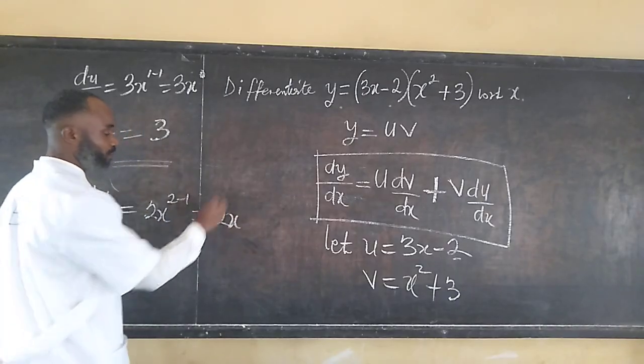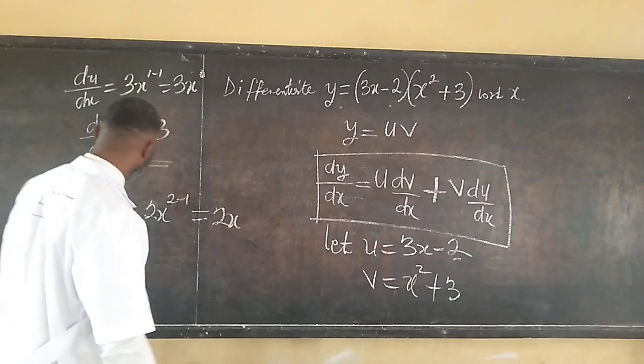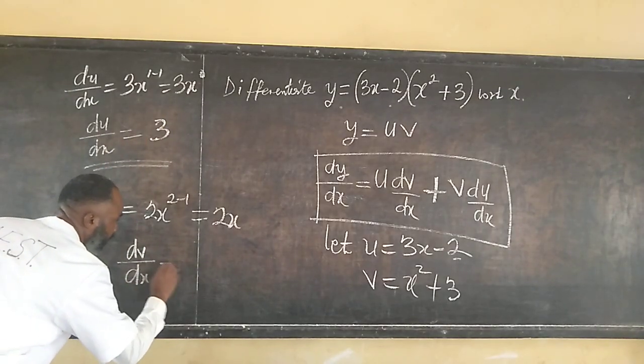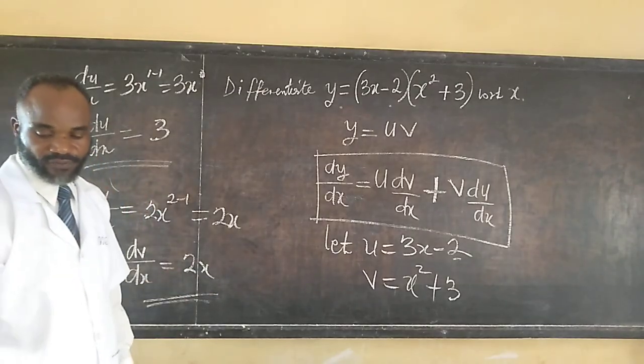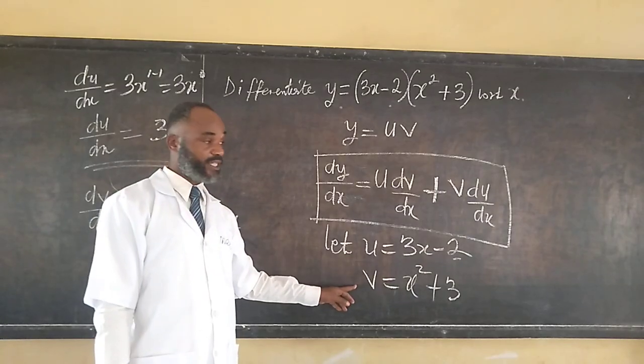We cannot say 2x raised to the power minus 1 because the 1 here is hidden. So we have dv/dx is equal to 2x. So we now have the derivatives of u and v respectively.